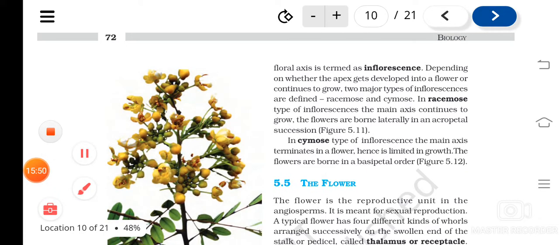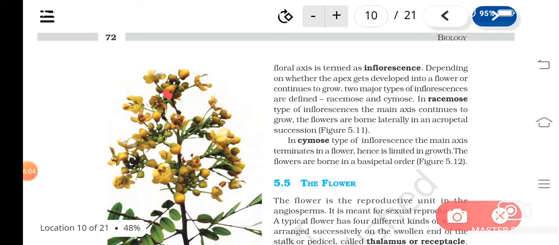Now it depends on whether the apex gets developed into a flower or continues to grow. Understood what I said? In some inflorescences the apex, the tip part of the stalk, continues to grow and produces flowers laterally.